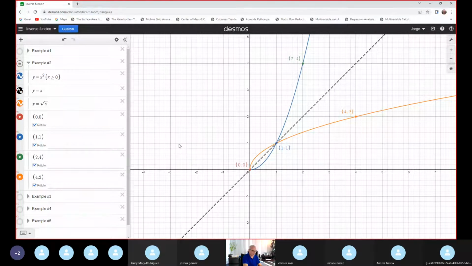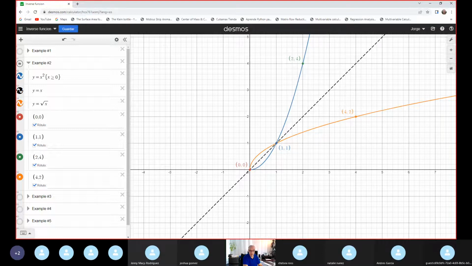For example, the vertical asymptote in the original given function is now the horizontal asymptote in the inverse. And likewise, the horizontal asymptote in the given function is now the vertical asymptote in the inverse function. Because it's obvious, no? Because you interchange x and y. What is happening in x in the original is now happening in y in the inverse function.